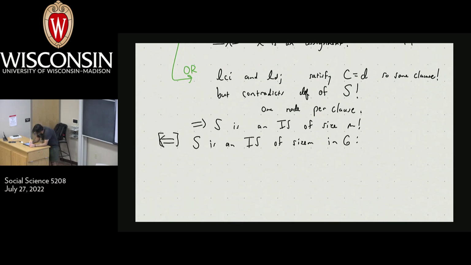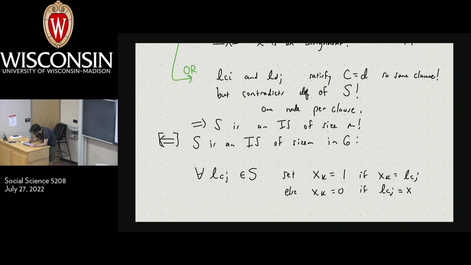For any literal LCJ chosen in S, we set xk to be equal to 1 if xk equals LCJ, else xk equals 0 if LCJ was the complement of xk, if it was the negative.